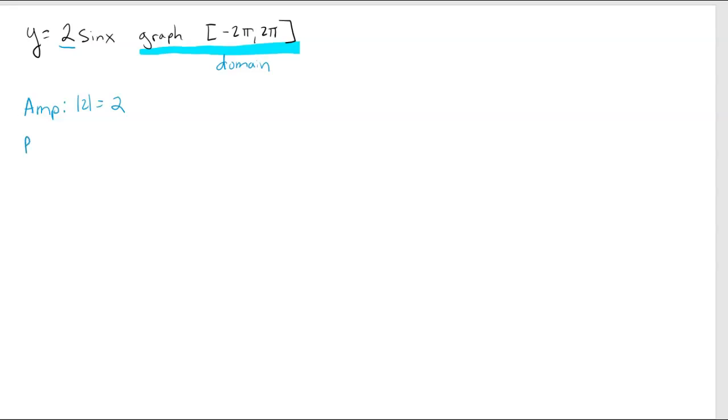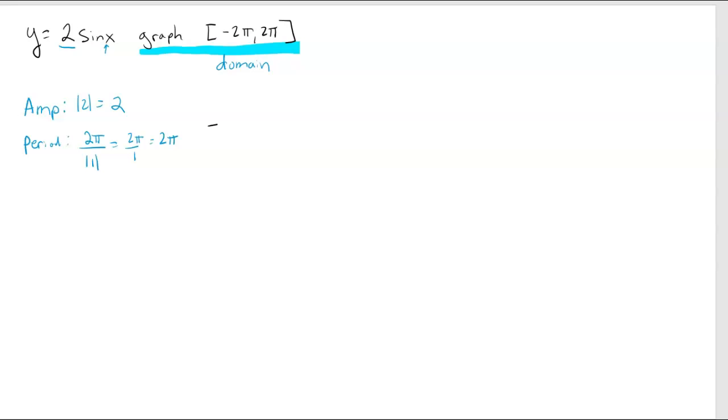All right, your period. So your period, notice that again, you want the coefficient that's in front of your x. There is no coefficient that's present. So that means that it's just 2 pi divided by the absolute value of 1, which is purely just 2 pi over 1, aka 2 pi. So what that means is that our period's length is 2 pi, okay?